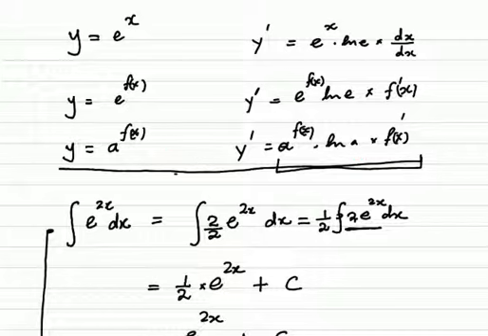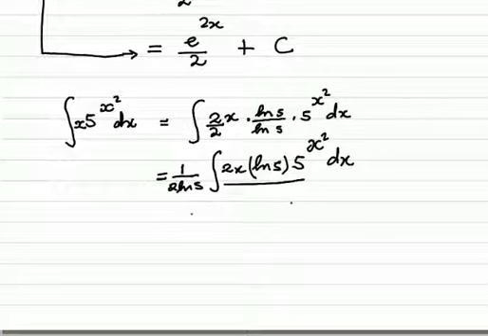In this case, in the integral we identify our base and identify our f of x. Then we would say this integral is equal to 5 to the power x squared multiplied by 1 over 2 ln 5, plus c.